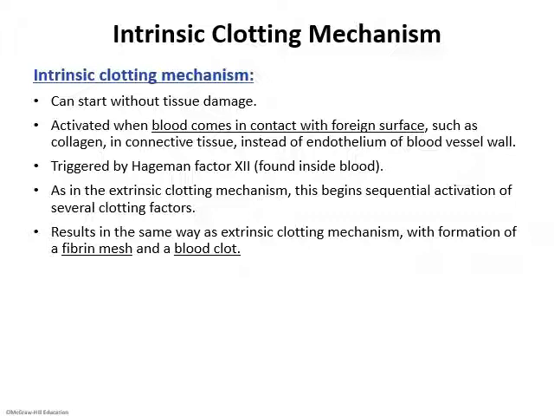You don't need to remember that it's triggered by Hageman factor 12. Just like the extrinsic clotting mechanism, it's going to start a sequence of reactions occurring, and it has the same result as the extrinsic clotting mechanism, which is thrombin converting fibrinogen into fibrin.